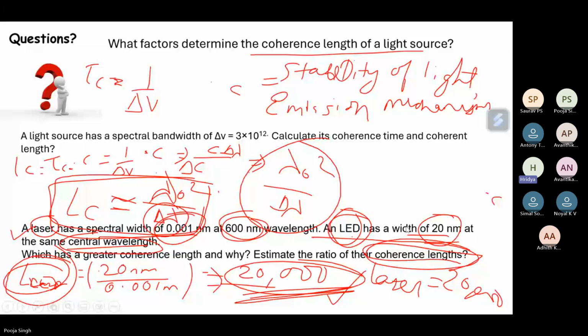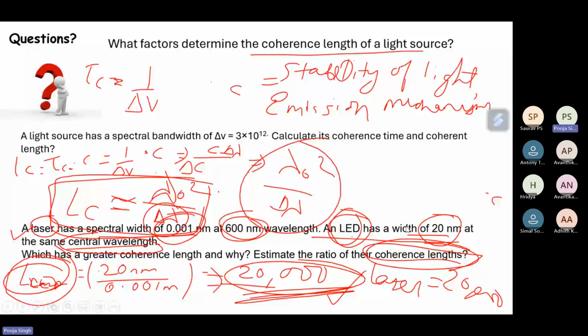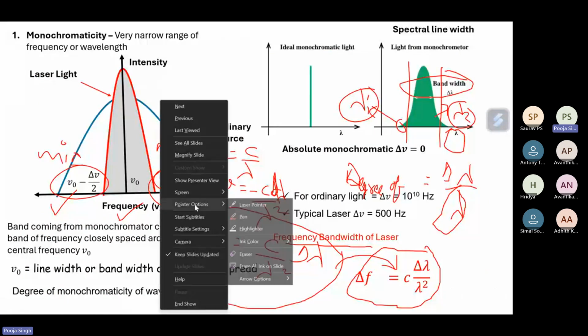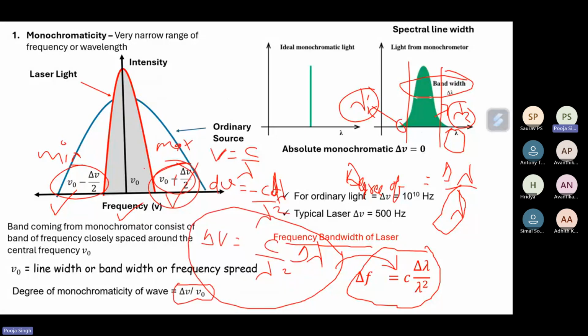Okay, and what is delta nu exactly? What does it represent? Delta nu basically, as I told here, is the variation from the central frequency. So from the figure, if you are understanding, this is delta nu, right? This portion only. This is your delta nu by 2.